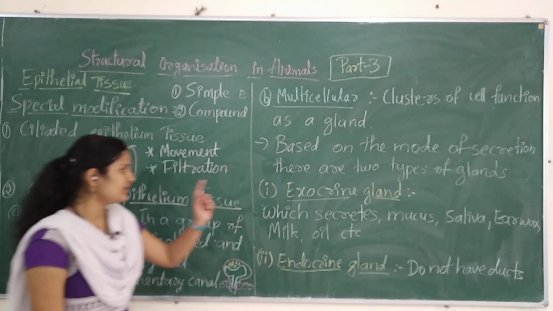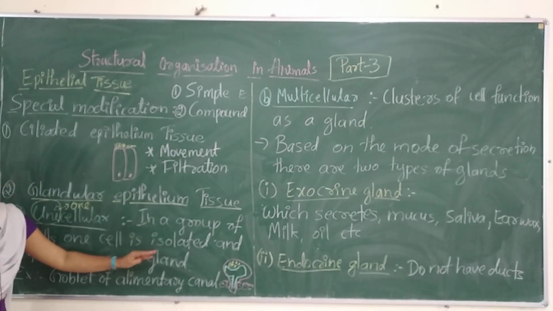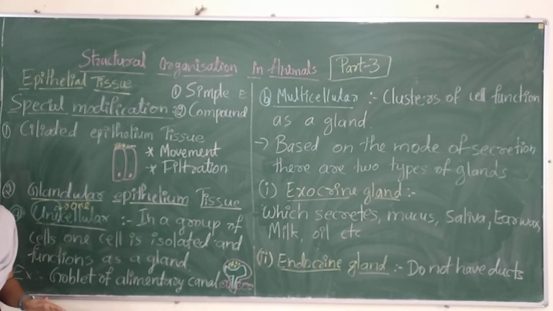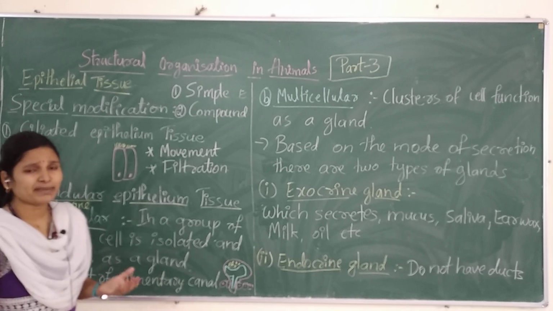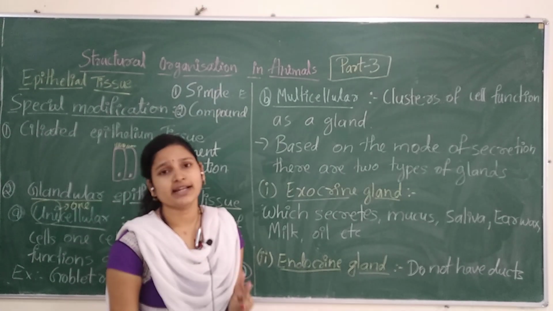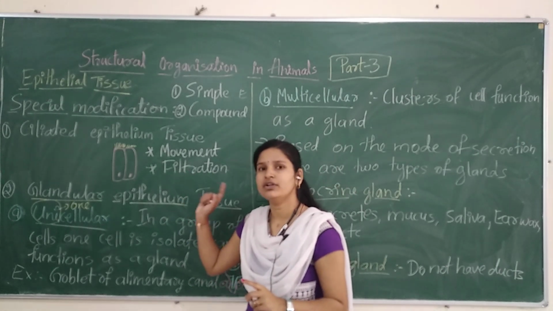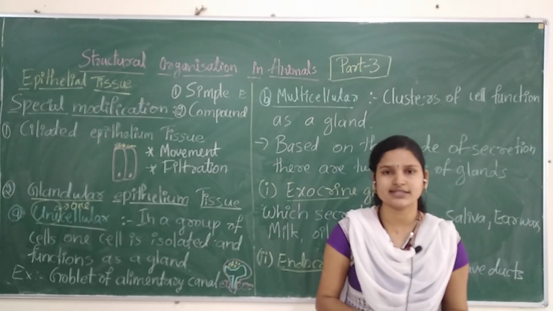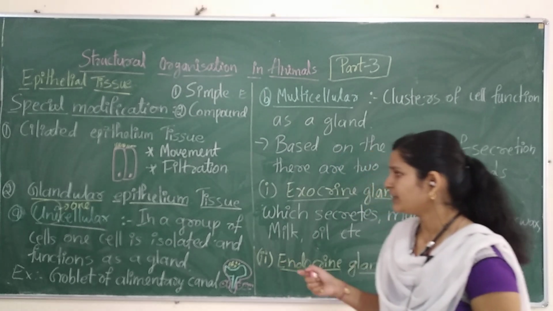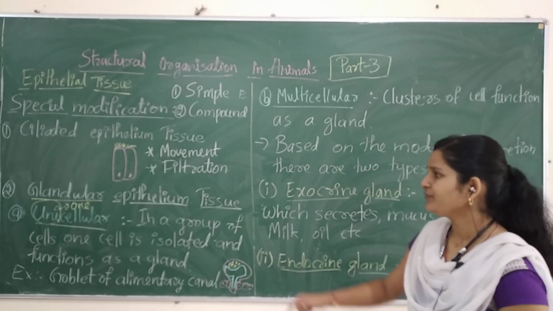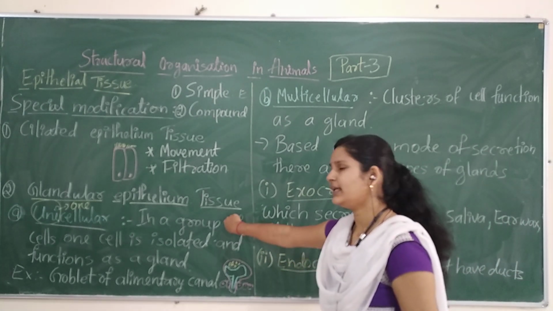Multicellular glandular epithelium. So I will revise once again. In the special type of epithelial cell, there are mainly two types. First one, ciliated epithelium. We have learnt everything about this in the last session. And next, in today's class, we have started with the glandular epithelial tissue.